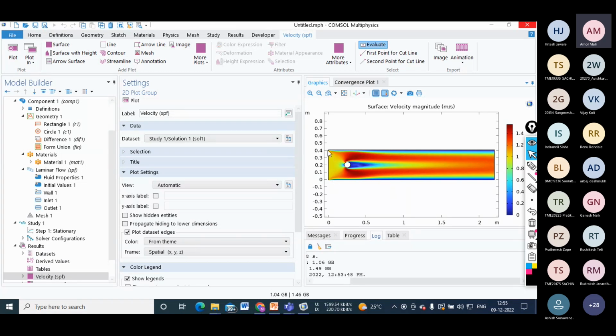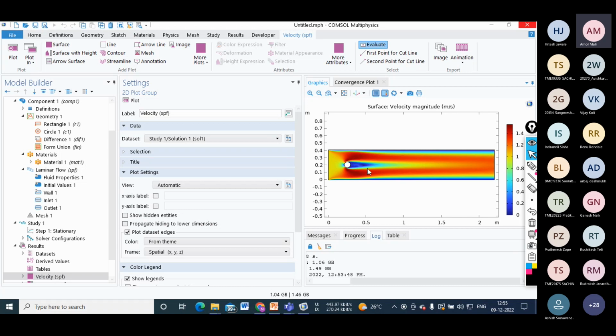Okay, so if you look here, at inlet you are getting 0.8 or 1 meter per second velocity, but due to the obstacle, look here, the velocity of that air has been increased. But at the back end of that obstacle, how much is the velocity?